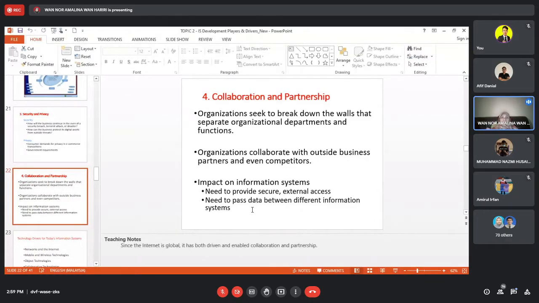Probably, let's say there are two organizations doing partnership, organization A and B. They might be using different types of IS on different types of platform, but somehow they need to communicate among themselves. So bila saya cakap we tu, as developers or information systems engineers, we need to actually ensure that passing data between the organizations are possible walaupun mereka pakai different platform of IS.